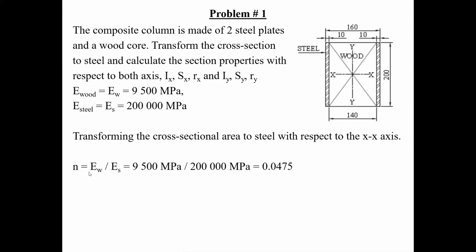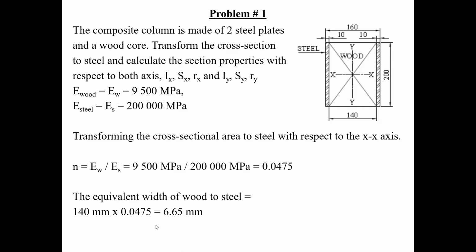So in other words, n is E wood over E steel, and therefore I end up with a value of 0.457. Now I brought it here to four decimal places, but 0.48 would be accurate enough. If you wanted to put it to 0.5, that would be okay by me. Remember, whenever you're transforming a section, you always multiply the dimension that is parallel to the axis that you're transforming.